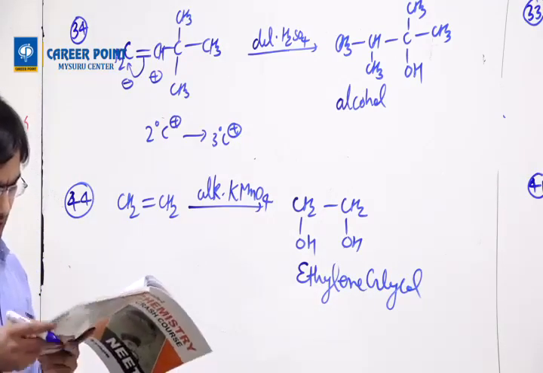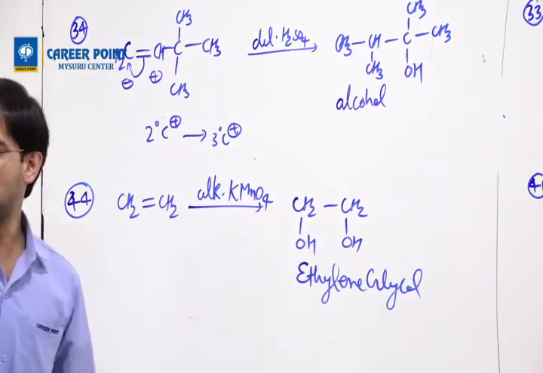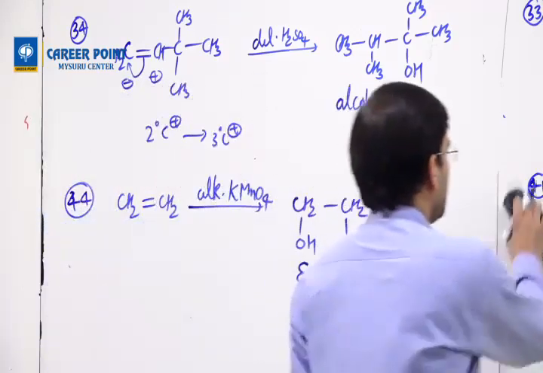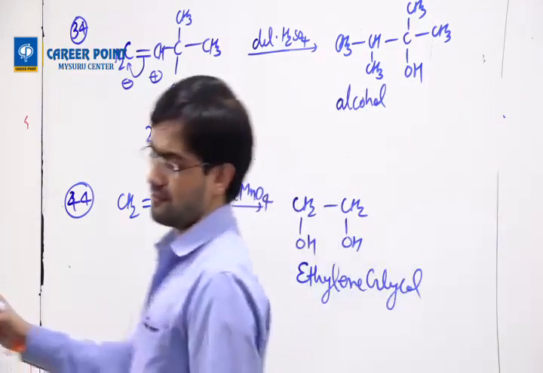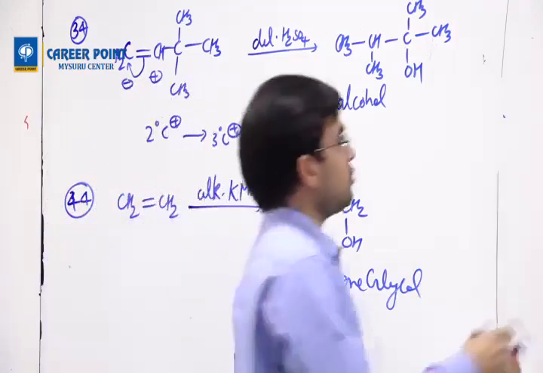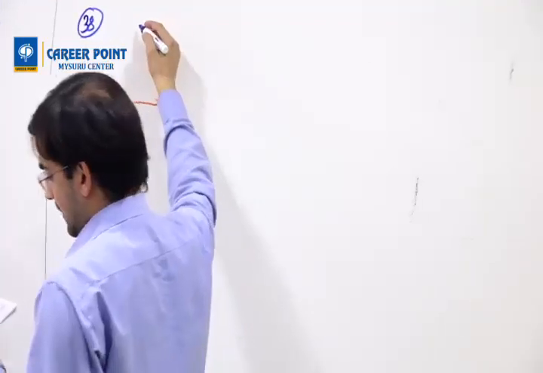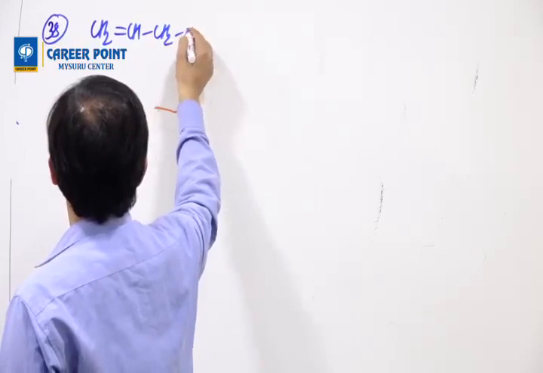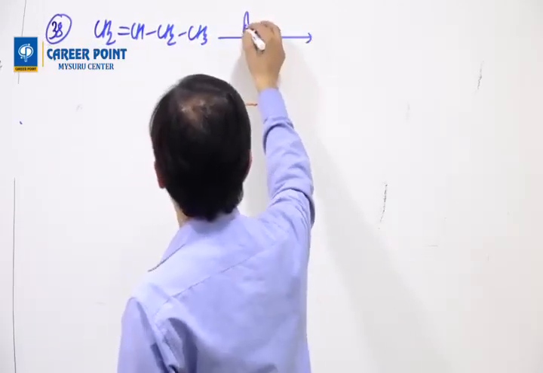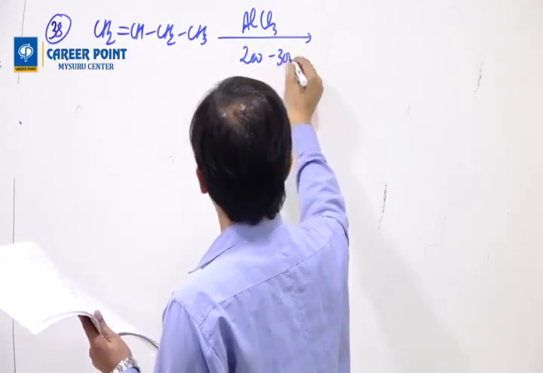After 44, question number 38: 1-butene on heating with aluminum chloride at high temperature isomerizes. When an isomerization reaction takes place, a normal chain will break into branched chain compounds. 1-butene is CH2 double bond CH, CH2, CH3 with AlCl3 at a temperature of 200 to 300 degrees Celsius.